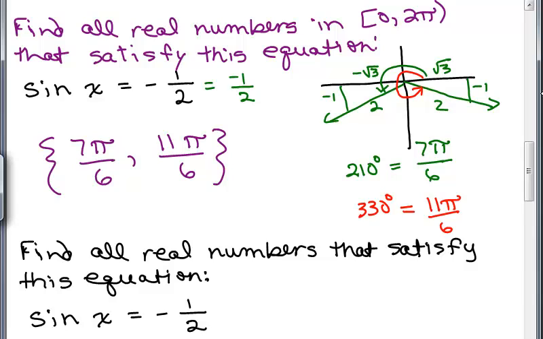In fact, there are infinitely many, because any coterminal angle with both of these will also be a solution. In other words, if you add 2 pi or subtract 2 pi, it will also be a solution. For instance, like I said when we were doing this angle right here, negative pi over 6 is a solution, but it's just not in 0 to 2 pi.